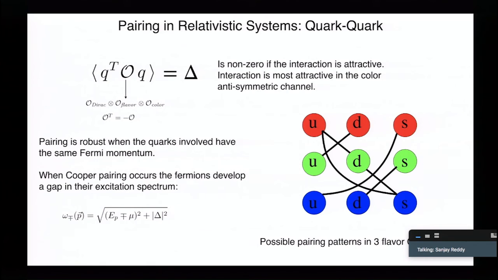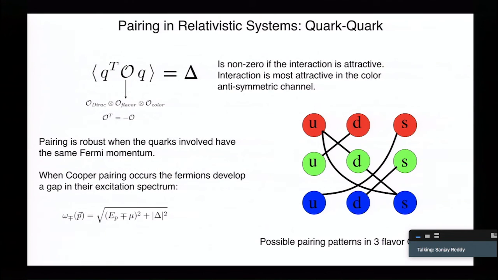In other words, we know quarks, at least the light quarks, come in 3 flavors and 3 colors. So you have basically 9 types of quarks you can write down. So you have 3 red quarks, up, down, and strange, 3 green, up, down, and strange green quarks, and so on. The lines that are shown in that figure show the channels where the attraction is the largest.